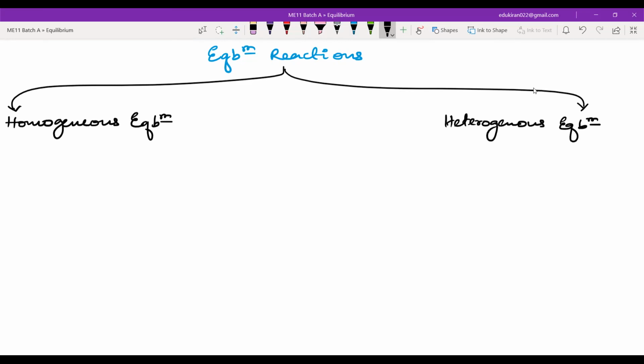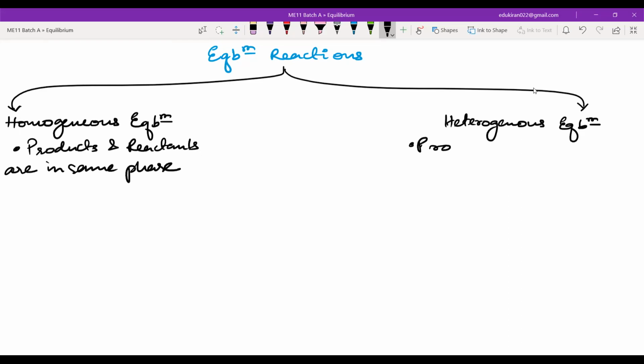In homogeneous equilibrium, the important point is that the products and reactants are in the same phase, and here we mean all the chemical species.